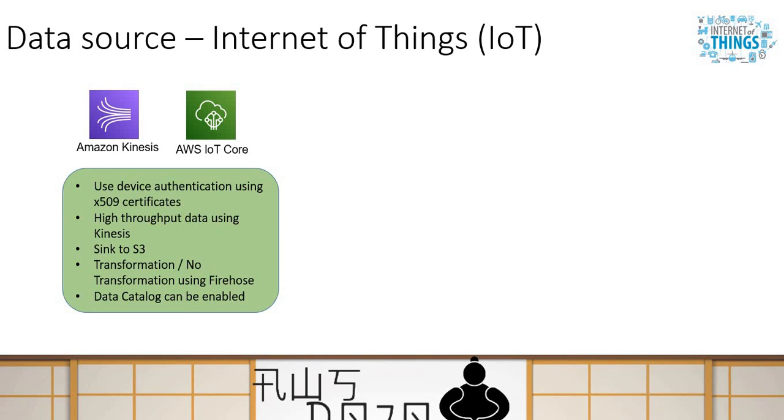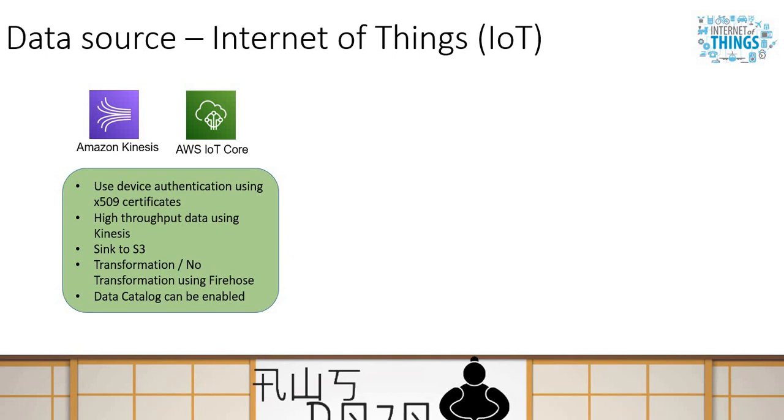You send such data to IoT Core, and then IoT Core will simply route this data to Kinesis, and then Kinesis will write data to the S3 bucket, and Kinesis can also do transformation or no transformation using Firehose, and data can be cataloged again in this case.